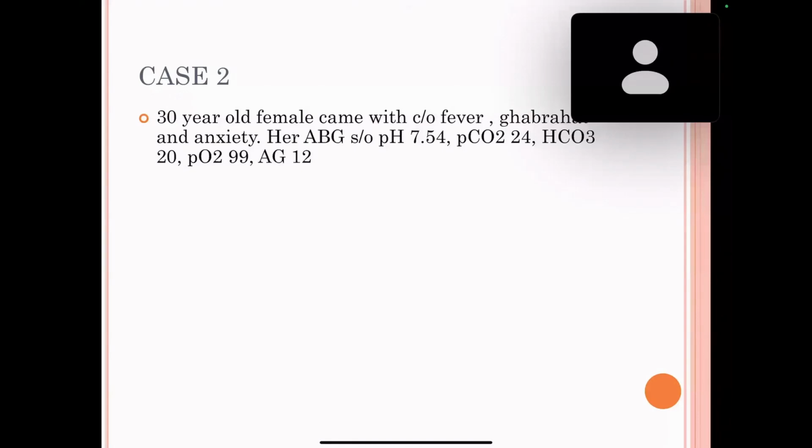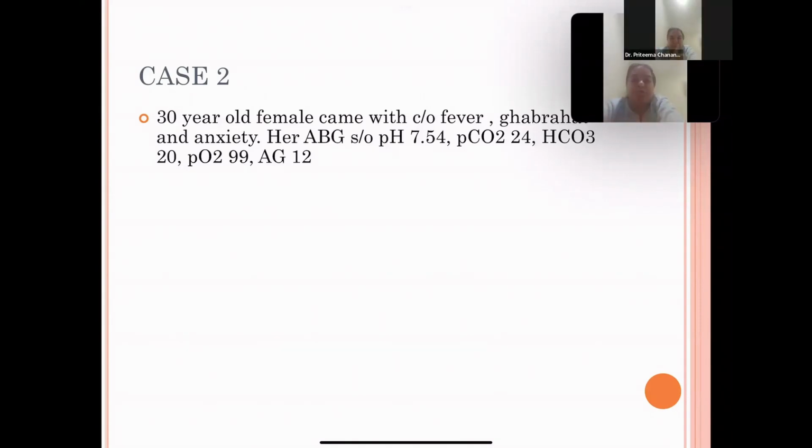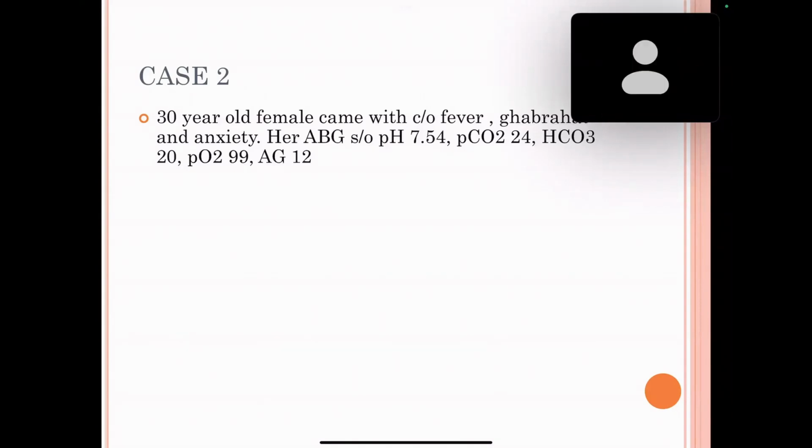The first step is you have to check the validity. Yes, very good. According to the formula, hydrogen ion, if it is 7.4, if you put the formula, it is 4.